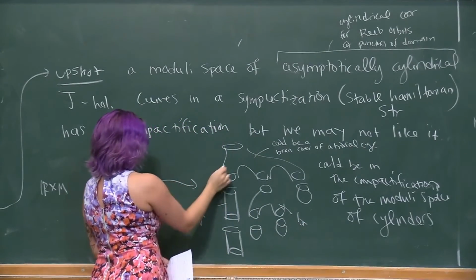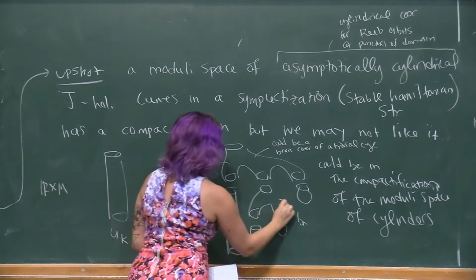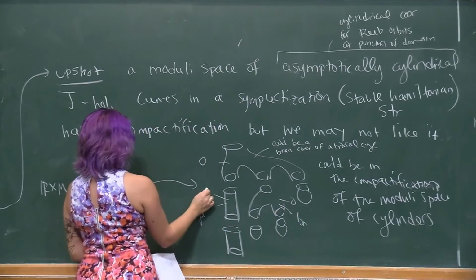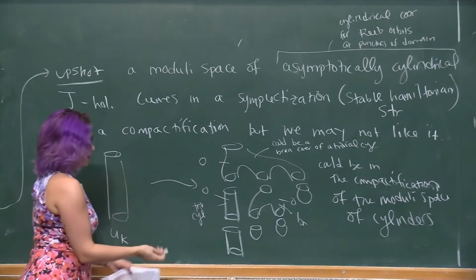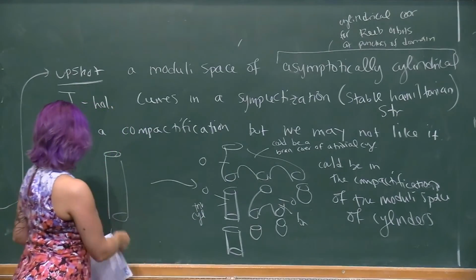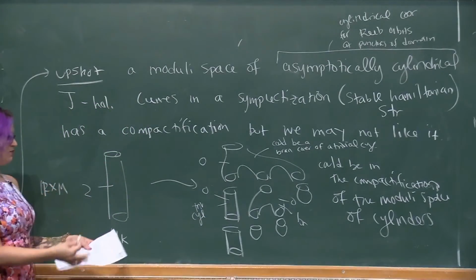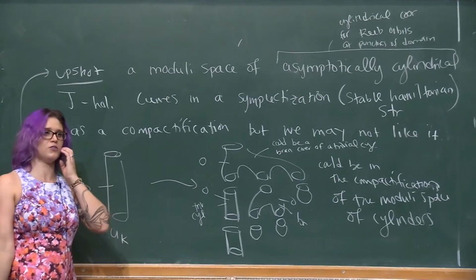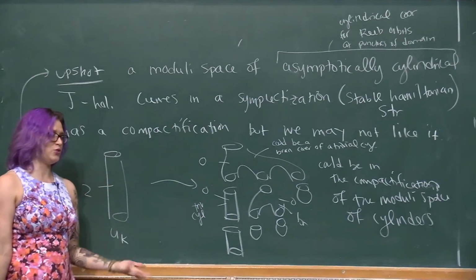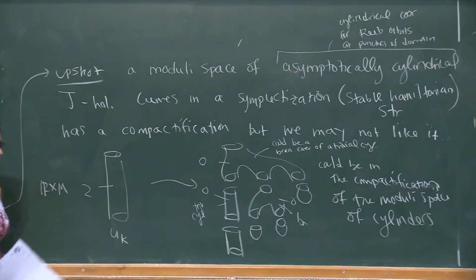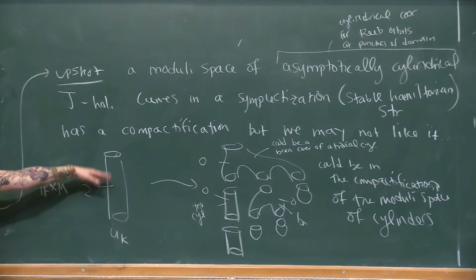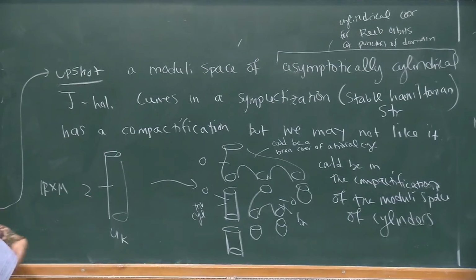So if this has virtual dimension 0, this is virtual dimension 0, this is virtual dimension 0, then adding to 2 can be a lot more interesting when things are allowed to be negative or 0. So the only way to add to 2 is 1 plus 1, if you use positive numbers, which is what you would want to be able to do to say that an index difference 2 cylinder can only limit onto a once broken cylinder, because then each of the components can only have index 1.